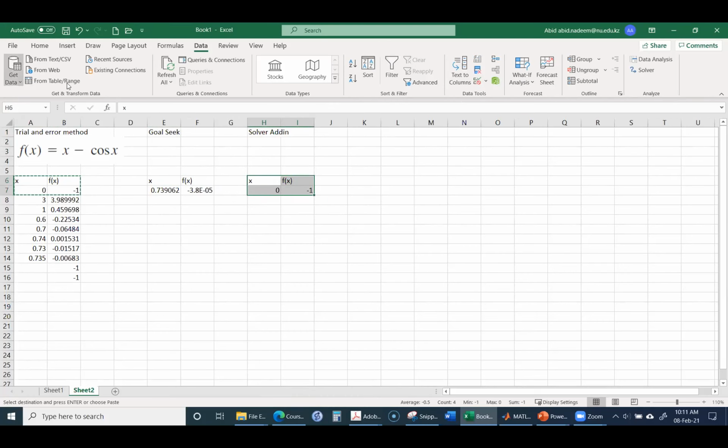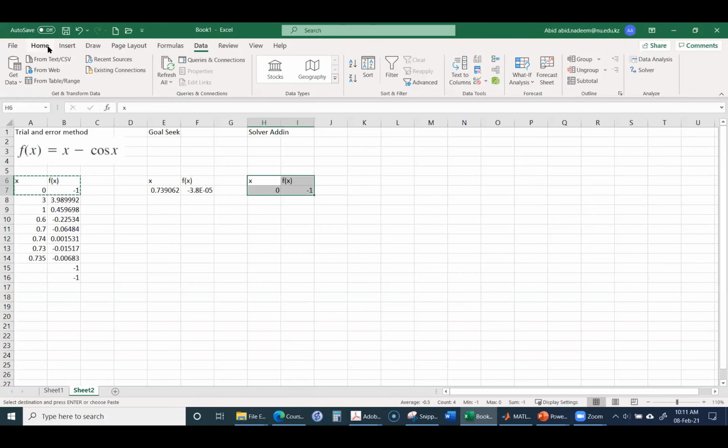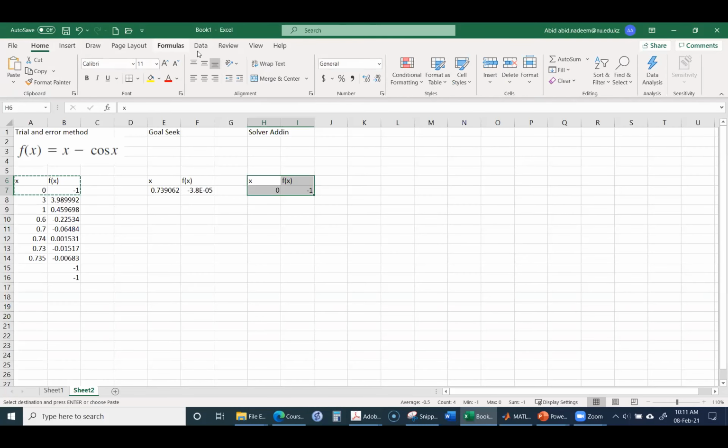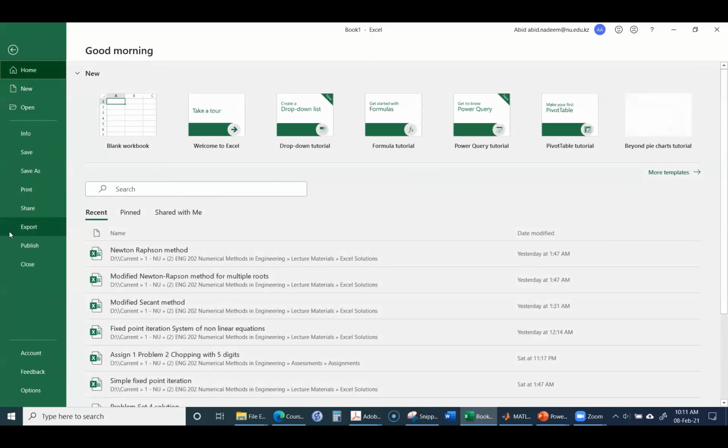I have to click solver over here on the right-hand side, under the analyze section of the ribbon, under the data tab. If it is not available, you have to add it in from the options.